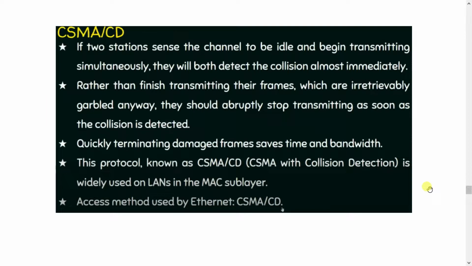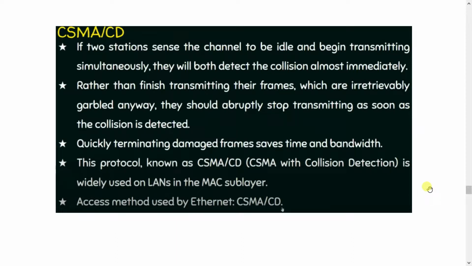They should abruptly stop transmitting as soon as the collision is detected. This is the beautiful advantage, the beautiful merit of collision detection CSMA based protocols. Whenever it transmits its frame, if a collision is detected, it doesn't continue transmitting its frame. It just stops immediately.